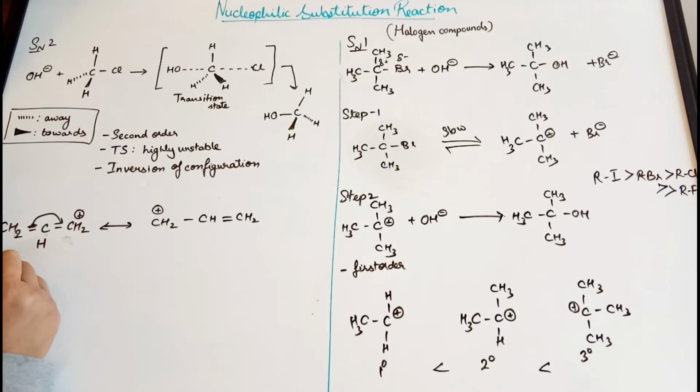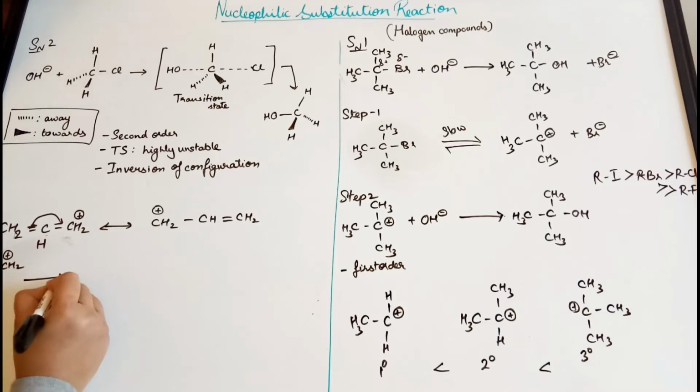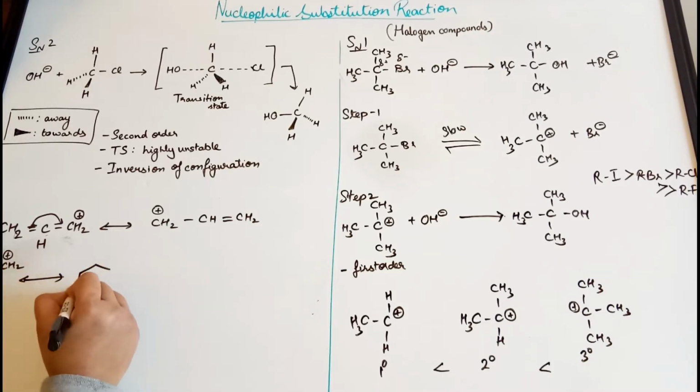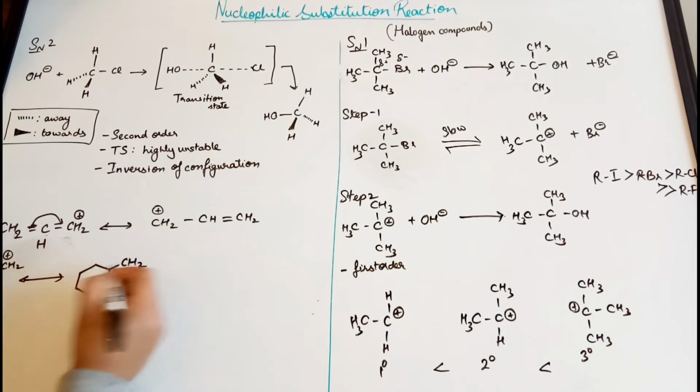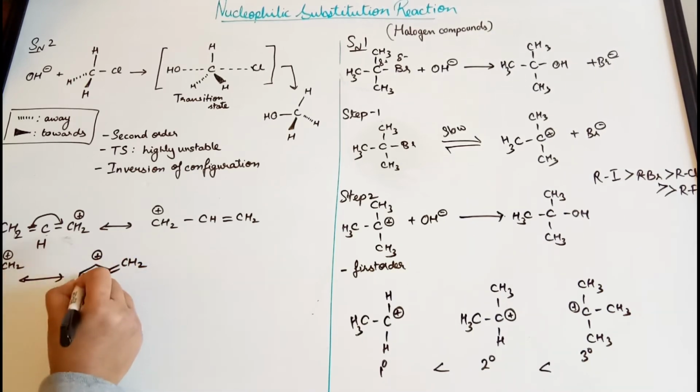So CH2 plus. Sorry, I should have drawn the double bonds because it's a resonance structure. I'm assuming you know what resonance structures are. So this bond is going to shift here, and we will not show the movement of positive charge because that is just wrong. So here you have a positive charge, and this bond is going to shift here.